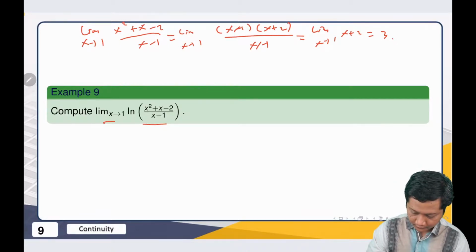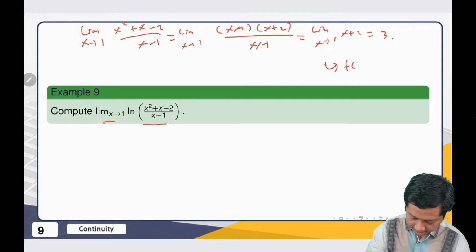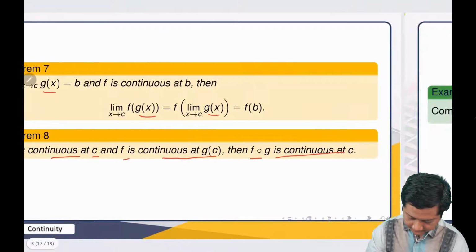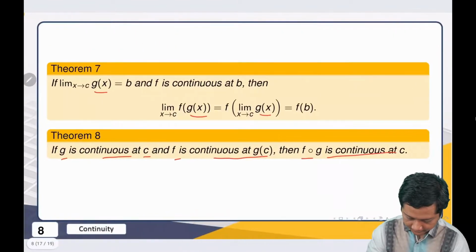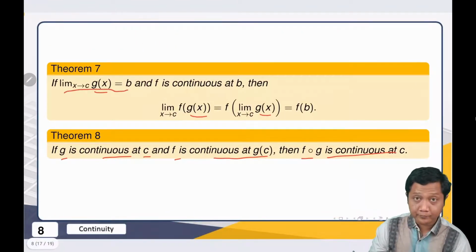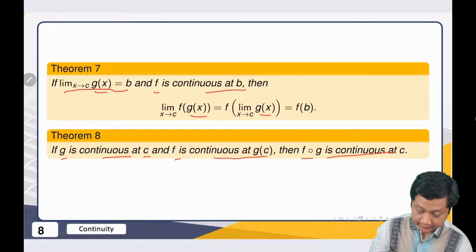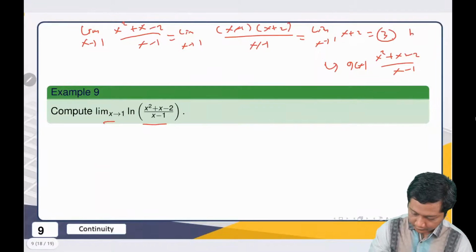Please be reminded that our g(x) is (x squared plus x minus 2) over (x minus 1). If we look at the condition, we know the limit is this, and then we should check that f is continuous at b, because b is equal to 3.